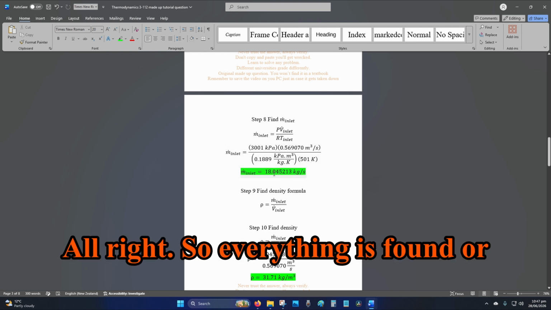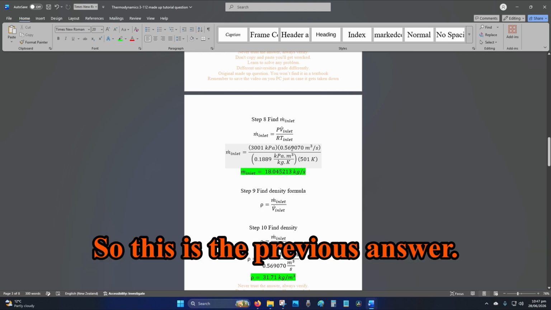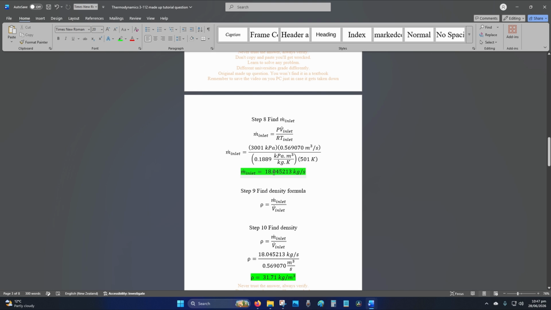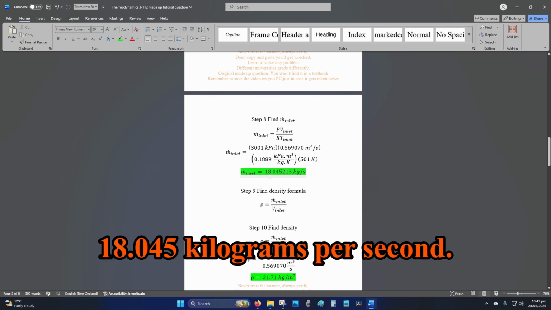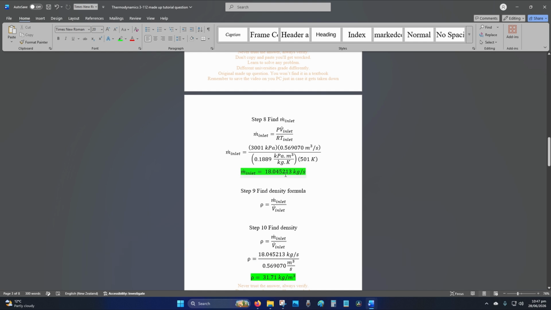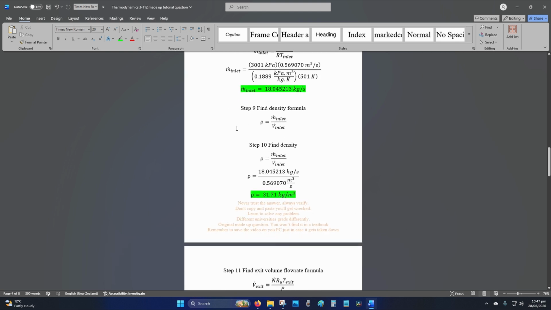Everything is found or given or worked out previously. This is the previous answer. So our mass flow rate is 18.045 kilograms per second. You may wish to truncate the decimal places.